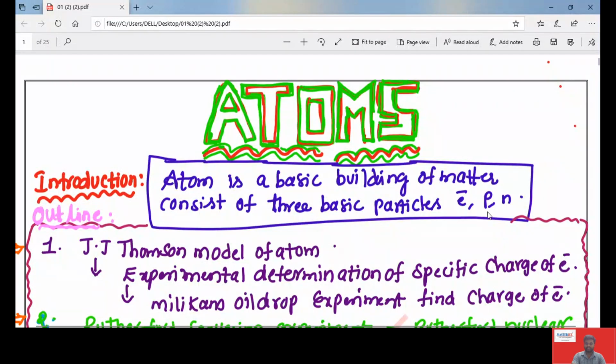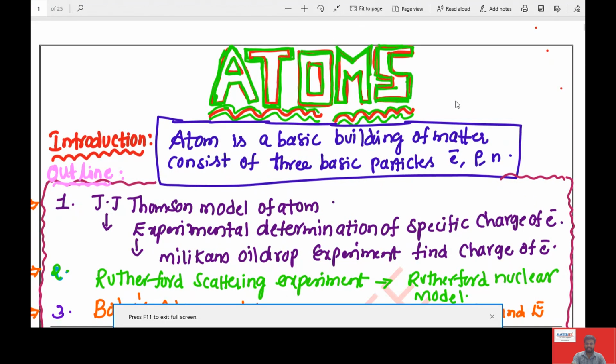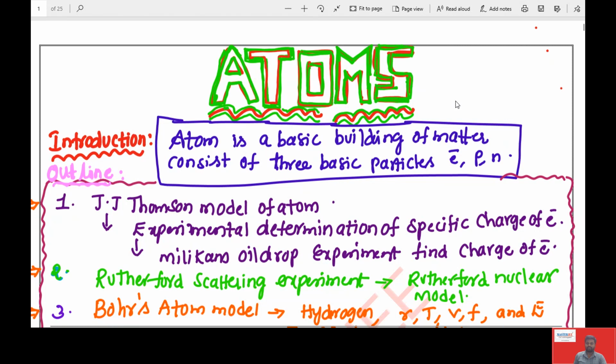Bohr's theory of atom. In Bohr's theory of atom, what are the postulates of Bohr? What is Bohr's hydrogen model? What is the hydrogen energy? What is the hydrogen radius? What is the hydrogen velocity, frequency and time period?